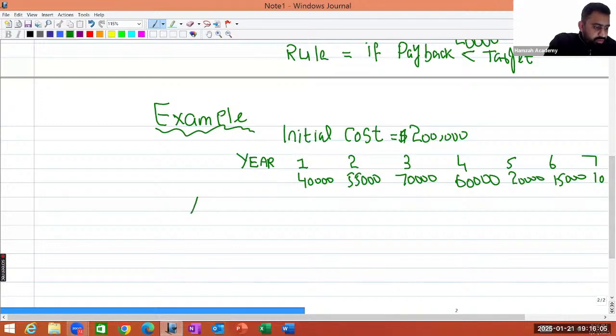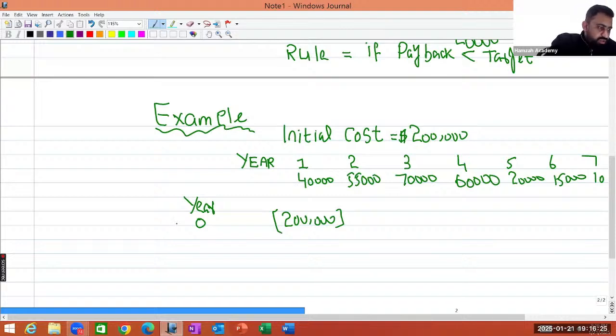Now, that would be very easy. In year 0, we have 200,000 in the form of cash outflow, 200,000 initial investment.